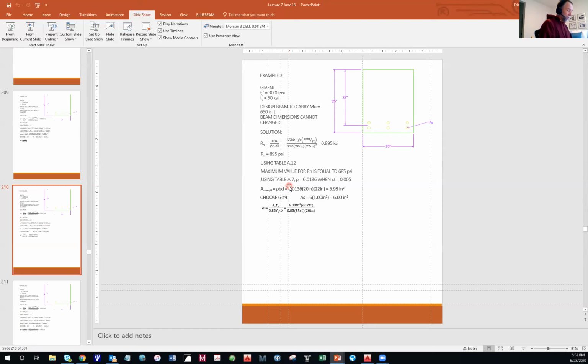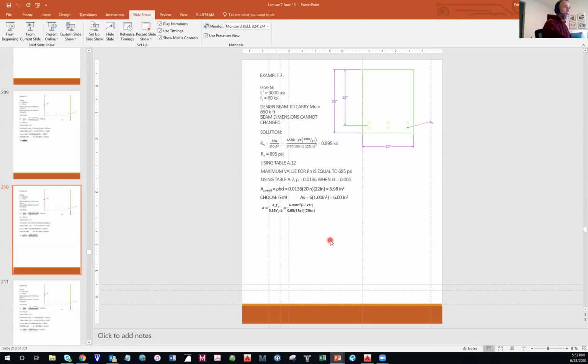Then what they found is, from Mu over phi b d squared, they found the maximum Rn, and then they back calculated a maximum moment, 804.4. I pretty much did the same thing.